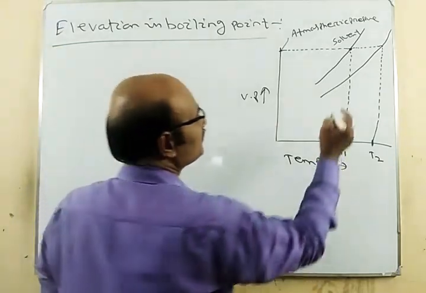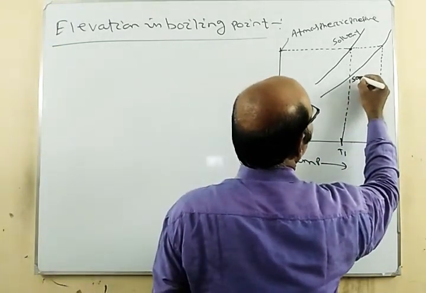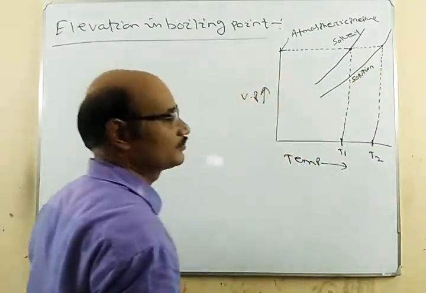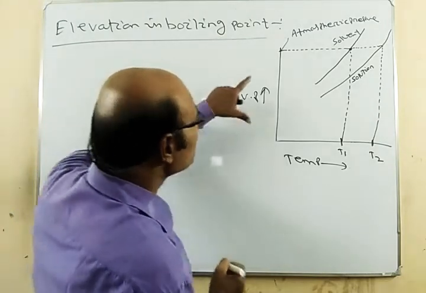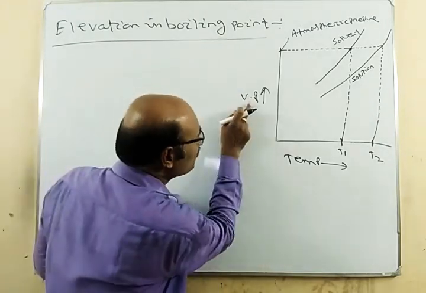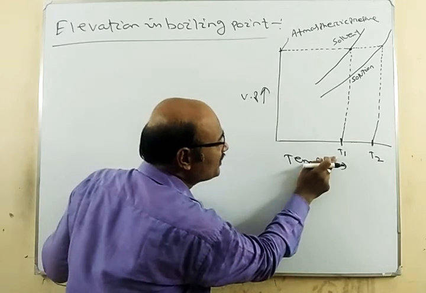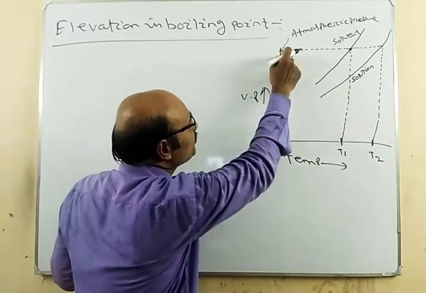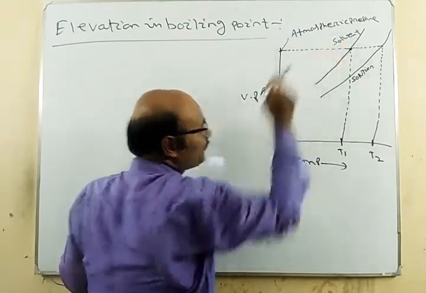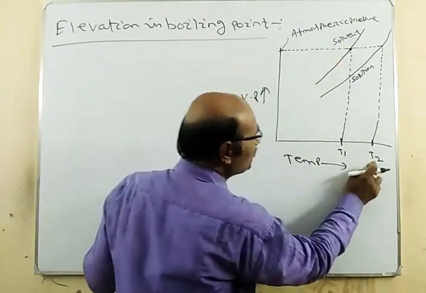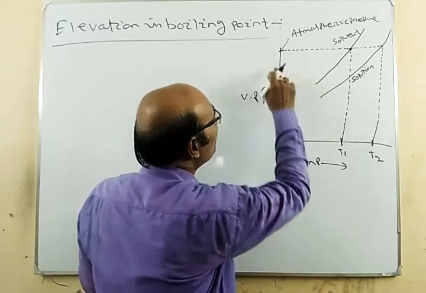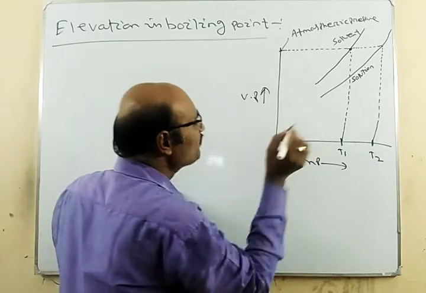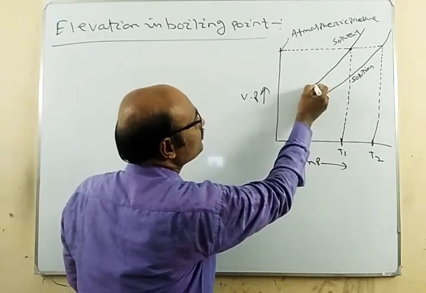Here you see, this is the solution. So this is the vapor pressure against temperature. T1 is the temperature at which the vapor pressure is equal to the atmospheric pressure for the solvent, and T2 is the temperature at which the vapor pressure is equal to the atmospheric pressure for the solution. So if you take any point, suppose I take this point.